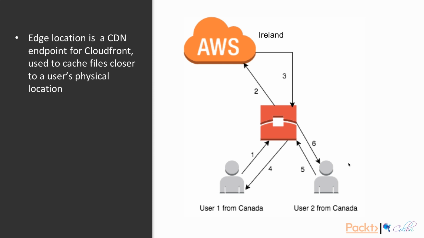Now, as an example, let's take a user from Canada that requests a PNG file from an edge location, from our AWS cloud. What is going to happen is our user from Canada is going to have his or her request redirected to the edge location.